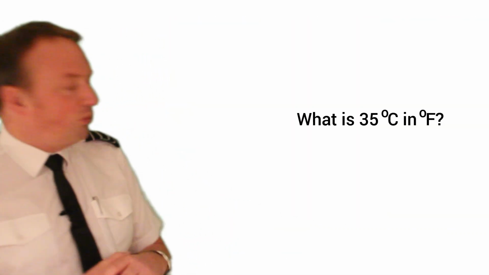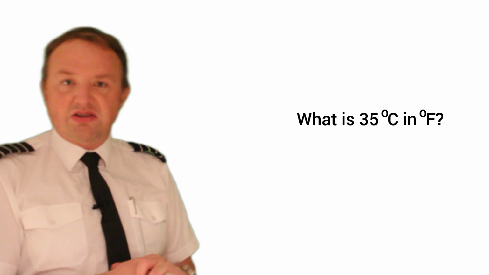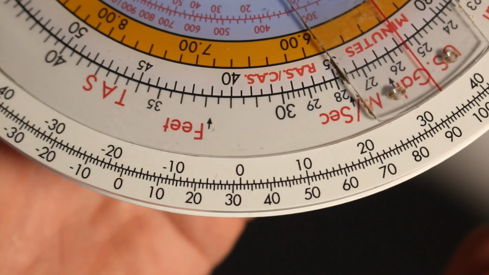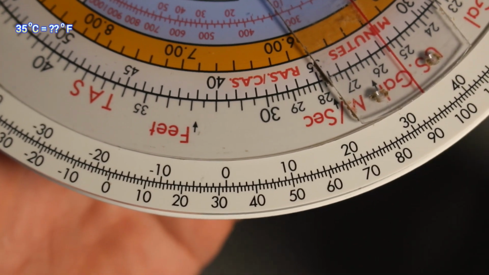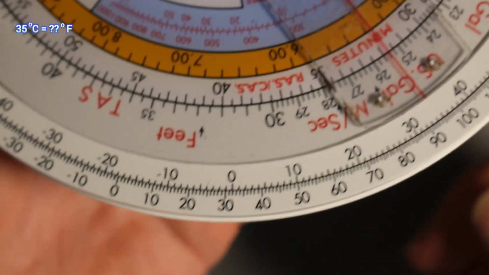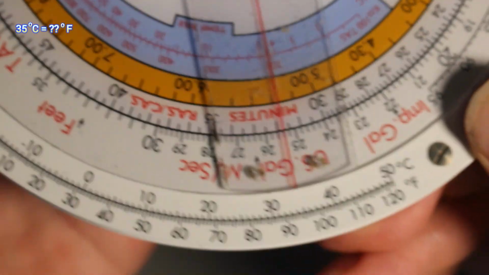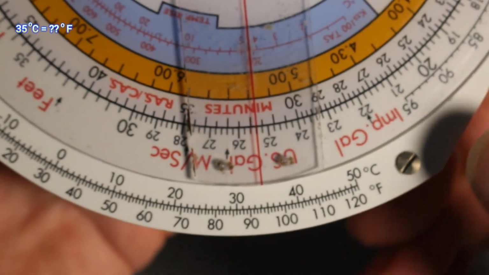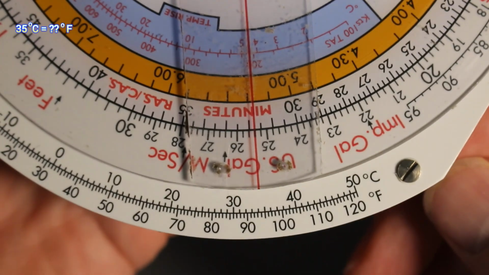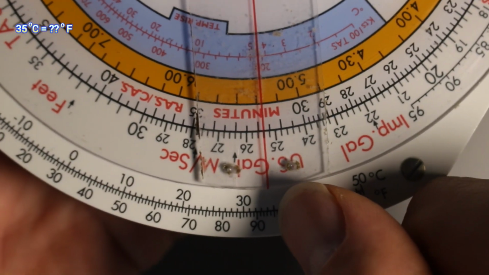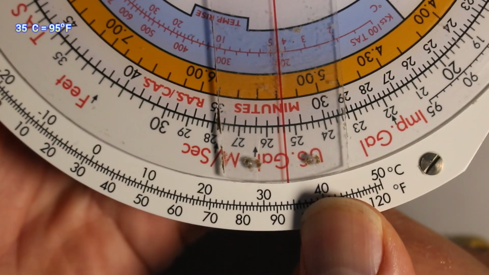Let's first look at what is 35 degrees Celsius in Fahrenheit. So not a commonly scrutinised gauge, this one, but it's a straight lineup. So if I'm looking at 35 degrees Celsius, that equates to 95 degrees Fahrenheit. That's it, straight across there. 35 Celsius, 95 Fahrenheit.